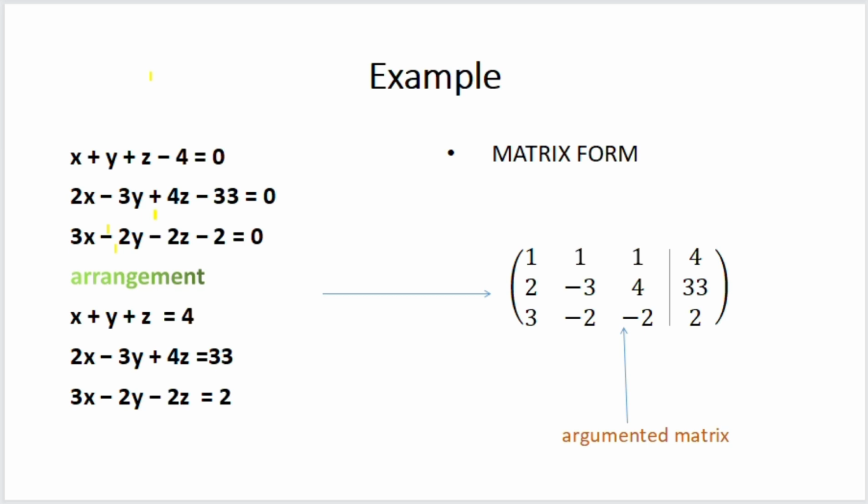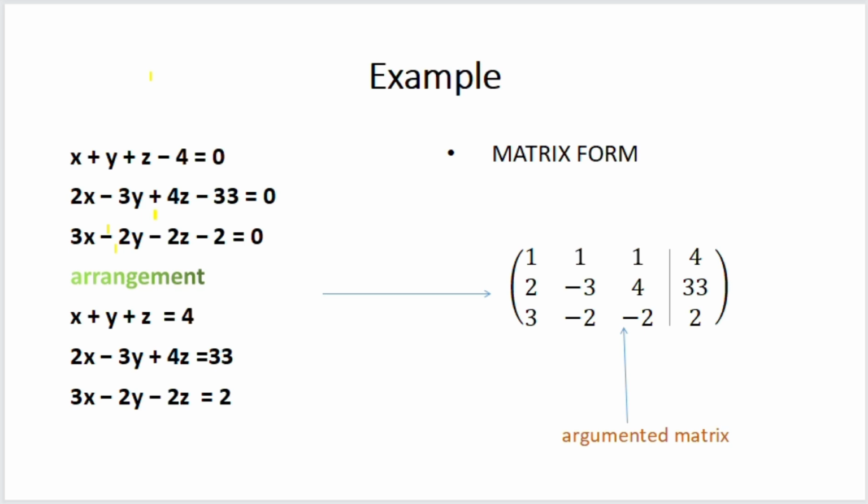First we arrange this in an order that we can easily work out, with the unknowns and their coefficients on one side and the answers, or the end results, on the other side.